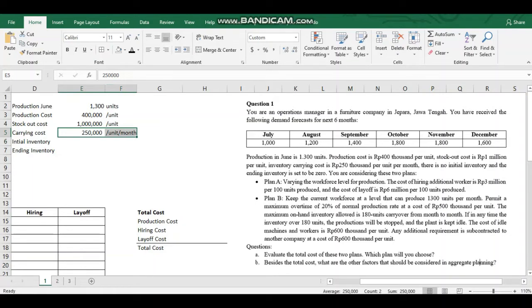Also, there's no initial inventory and the ending inventory is set to be 0.